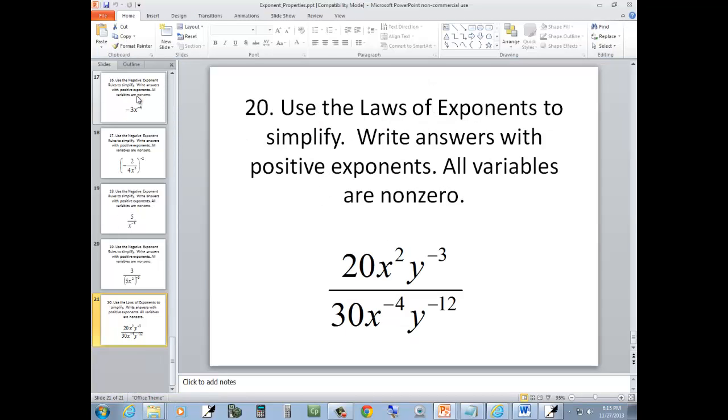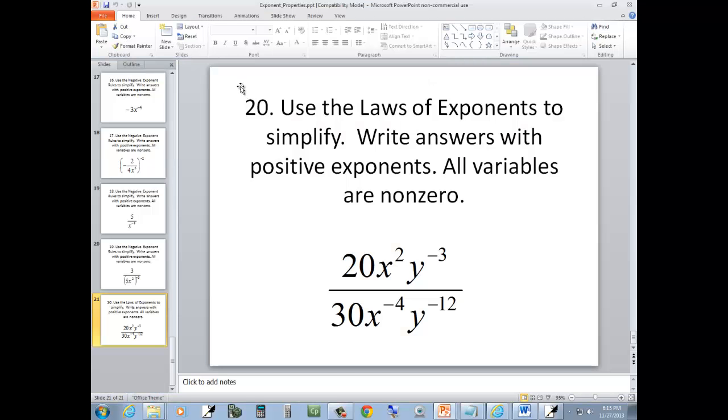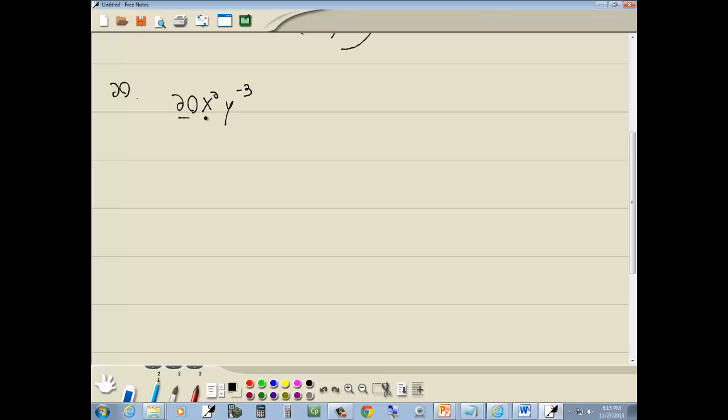Let's take a look at this one. 20x squared y to the negative 3 over 30x to the negative 4 y to the negative 12. Lots of negative exponents. Okay, we don't like negative exponents.